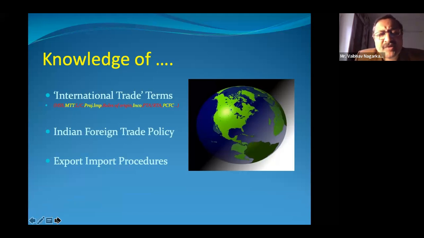So how are you going to use this knowledge of rules of origin? It goes like this. Imagine you want to import something from Singapore. When the goods arrive in India, customs will stop the consignment. They will ask you, Mr. Nagarkar, you have imported these goods, so you have to pay the import duty. You will say, yes, we are ready to pay.